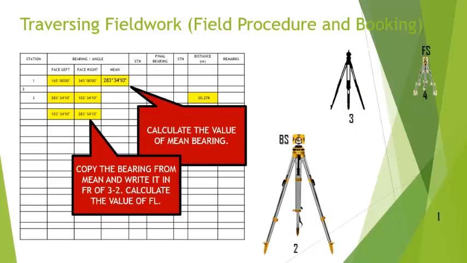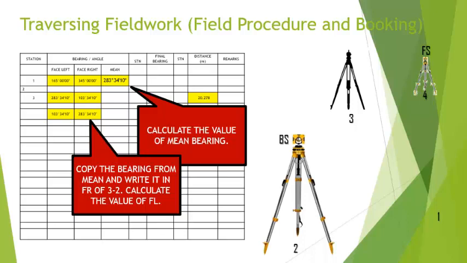At this stage, the surveyor needs to determine the bearing to continue the traverse work. Therefore, the mean bearing needs to be calculated. In the calculation, always refer to the bearing of face left. If the face right degrees is smaller than the face left, then add 180 degrees.